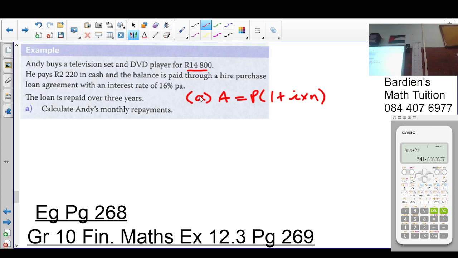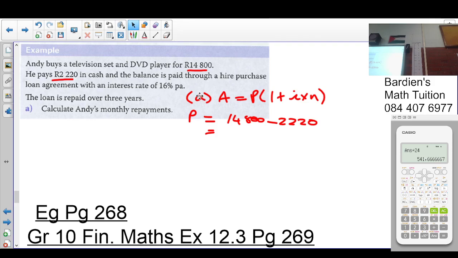So the bigger the deposit, the smaller your monthly installments will be, and the less interest you will pay as well.